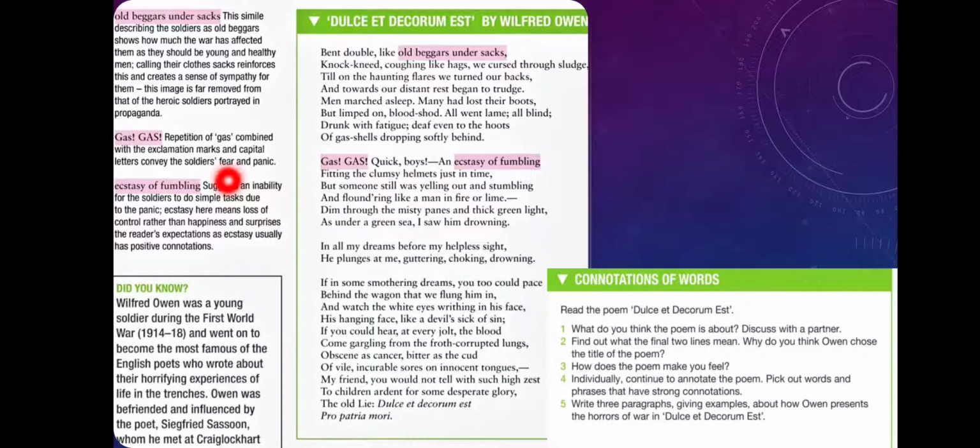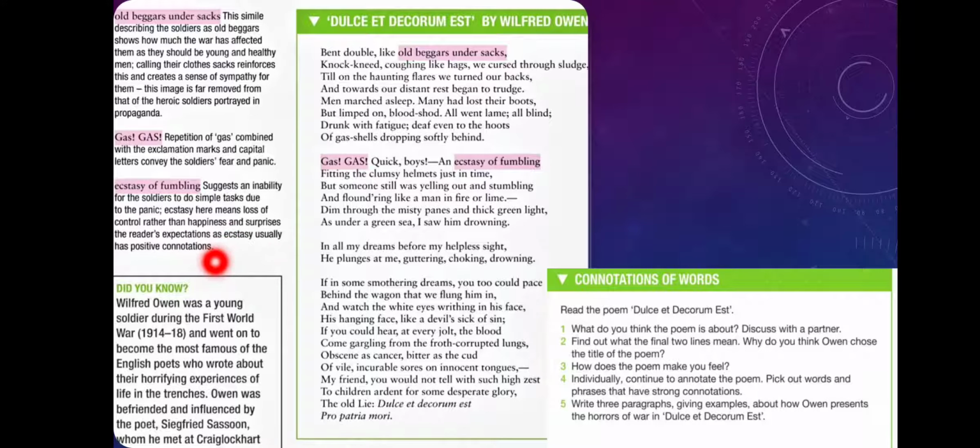They must suggest something, like in this example, they suggest combined feelings of panic and fear about the soldiers. And also right here, ecstasy of fumbling suggests an inability for the soldiers to act due to the panic. Ecstasy here means loss of control rather than happiness, and surprises the reader's expectations, as ecstasy usually has positive connotations.